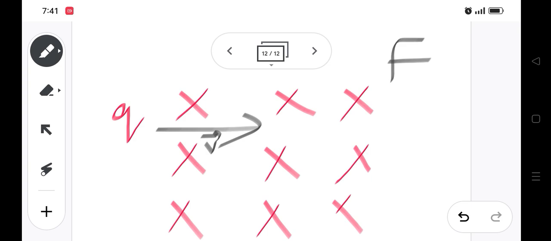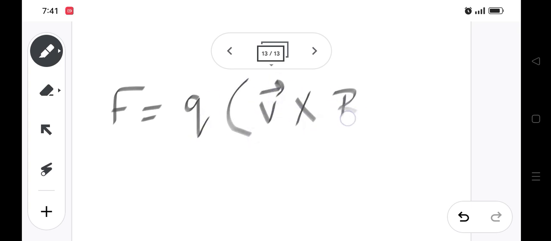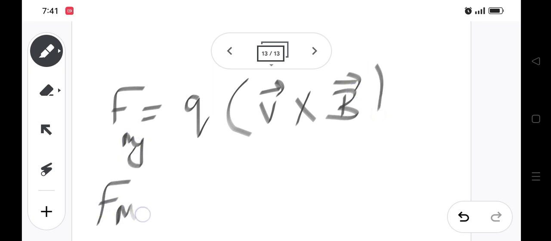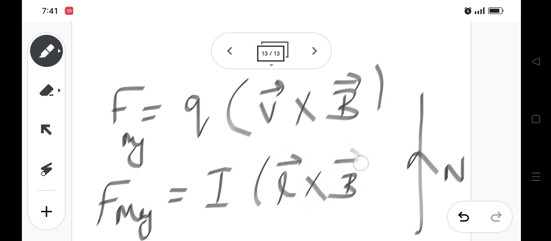The equation to find the magnetic force experienced by a charge is F equals Q into V cross B, and the equation to find the magnetic force acting on a current carrying conductor, with n charges flowing through it, is I into L cross B, that is ILB.